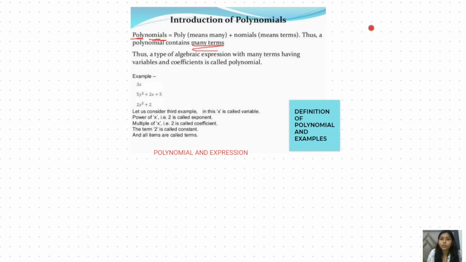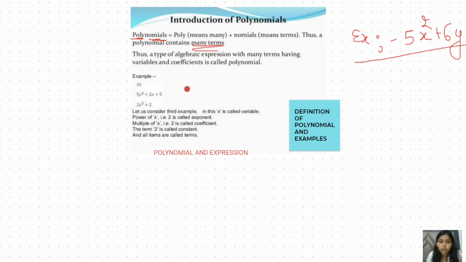I have told you that an algebraic expression has a constant and a variable, but in the case of polynomials, there are many constants and many variables. For example, we can say 5x square plus 6y plus 3. This is what we call a polynomial.